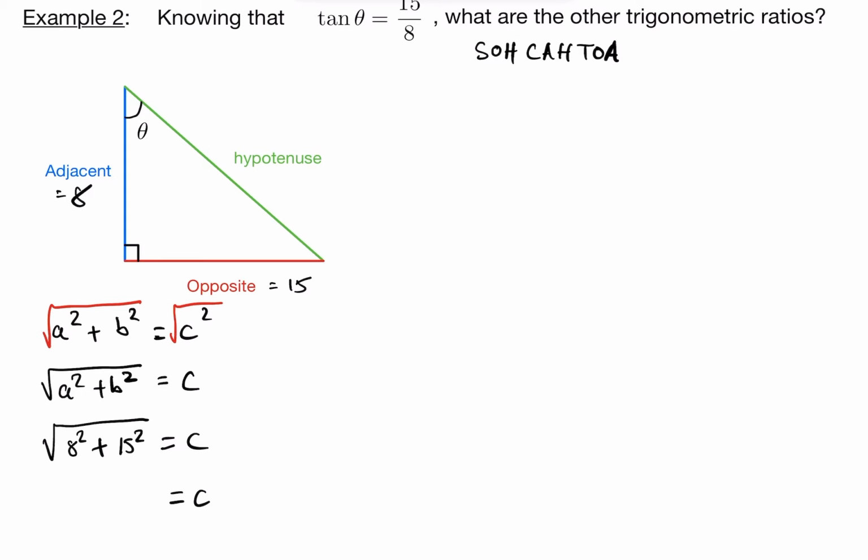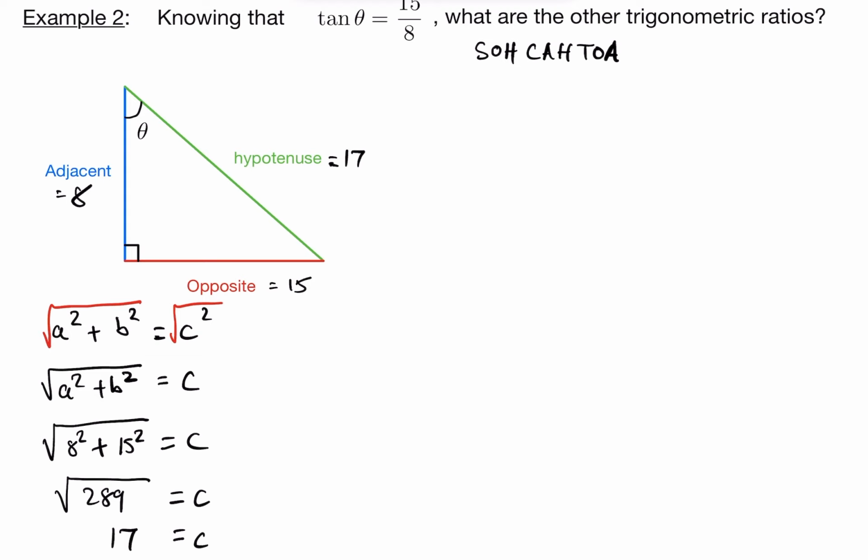Add those together. We're going to get the square root of 289. And if we punch that into the calculator, the square root of 289 is 17. Okay, so now we know this is 17. So now we know the length of all 3 sides of the triangle.